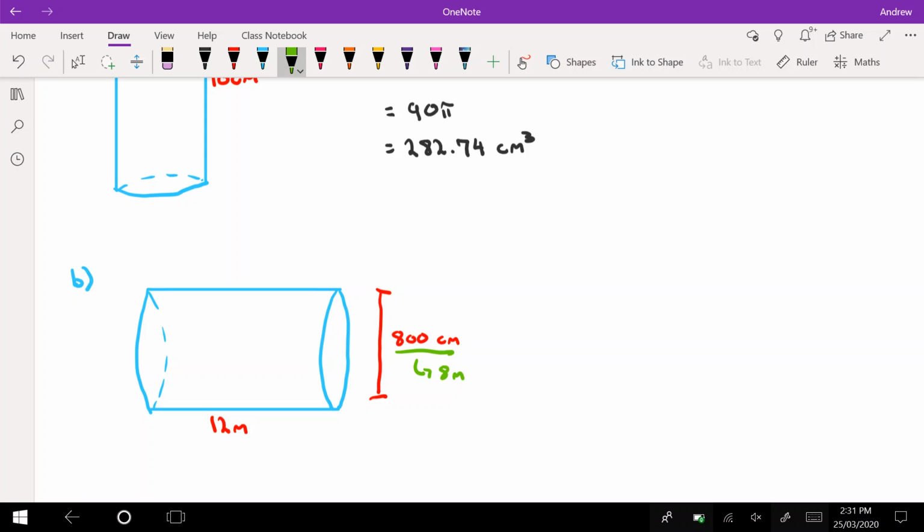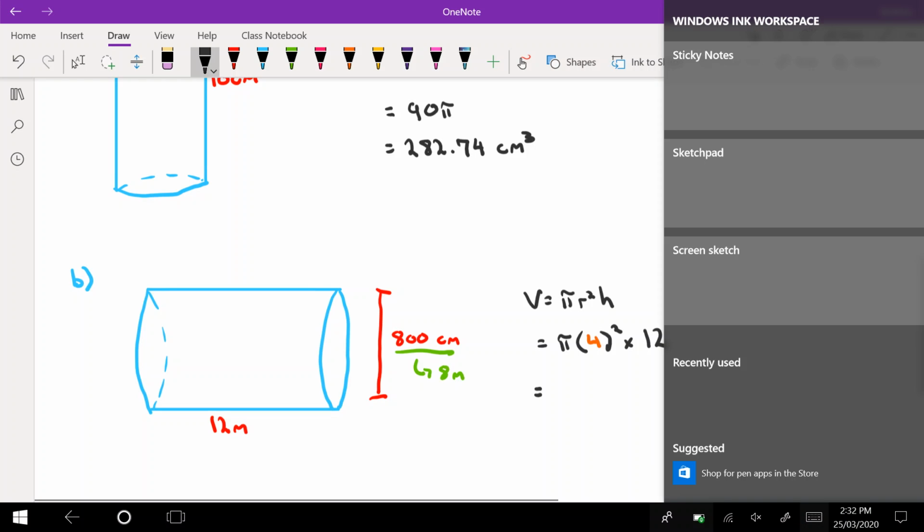Once we're working all in the same units, our problems become much easier to solve. Owen, what else do I need to change? I need to change that 8 meters to 4 meters, because I've been given the diameter of that circle. I need the radius so I can find the area. So volume equals pi r squared h, which equals pi times 4 squared, and I'll write 4 in a different color just so people know we've changed it from 8, times 12.